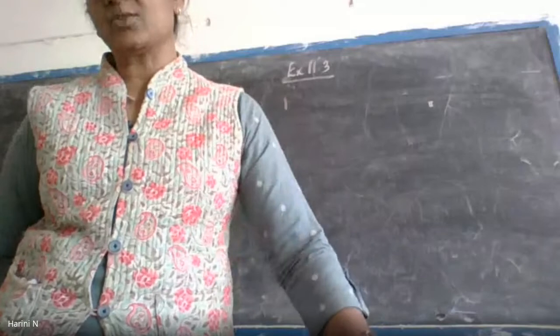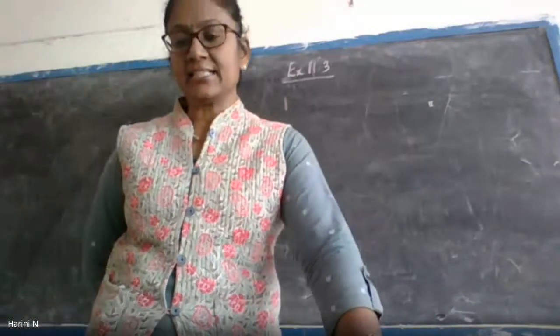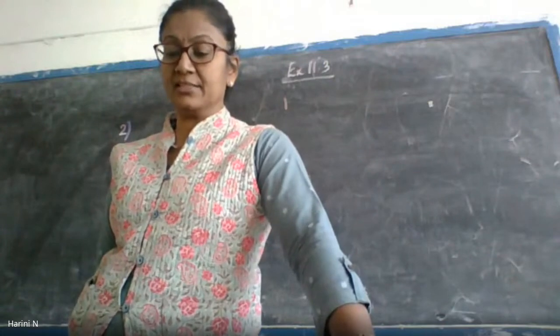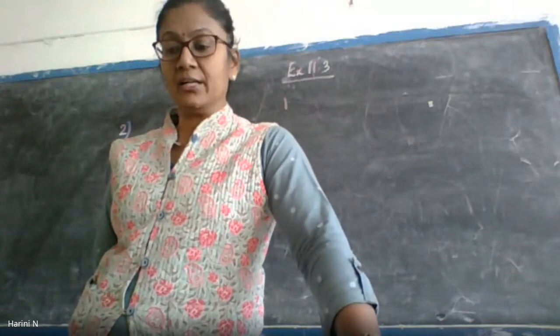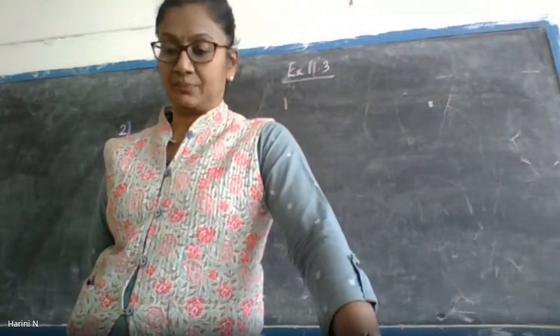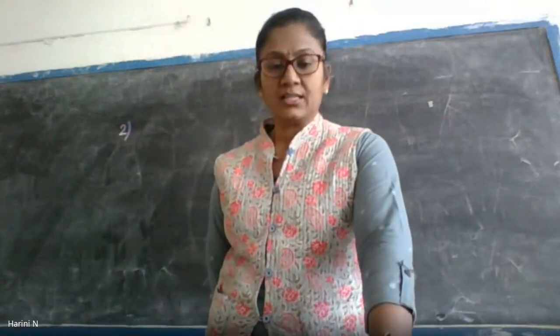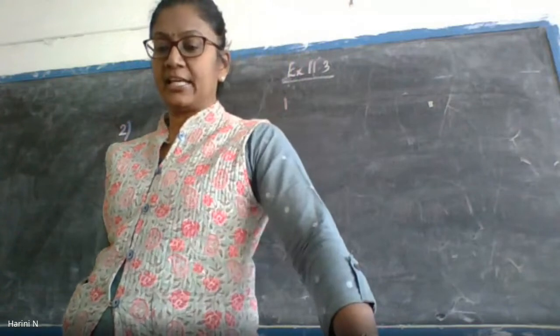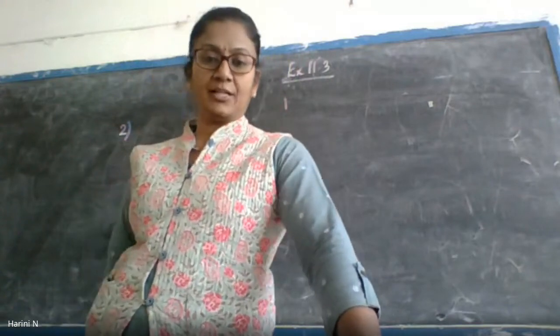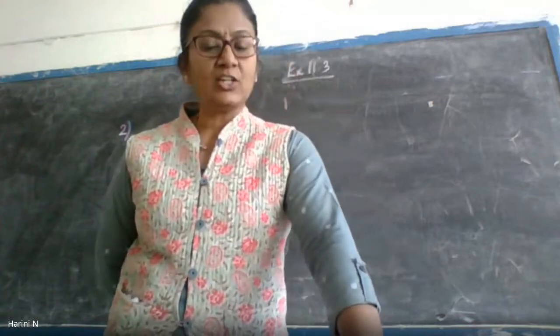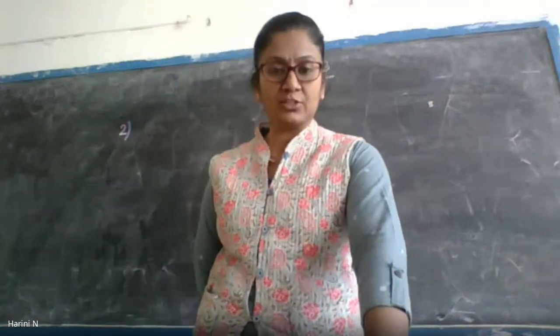A suitcase which measures 80 centimeters by 48 centimeters by 24 centimeters is to be covered with a tarpaulin cloth. Now the suitcase has got three dimensions, that is 80, 48 and 24. Because there are three dimensions given, can you guess what is the shape of the suitcase?